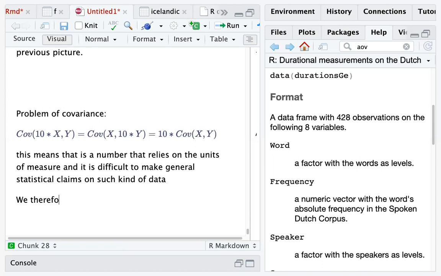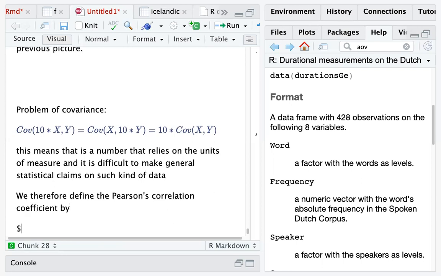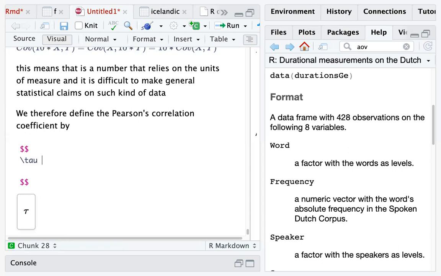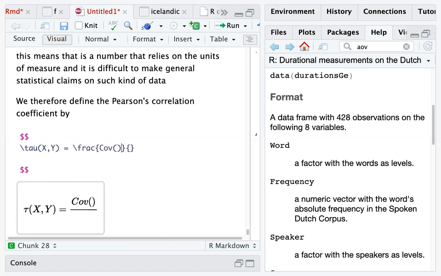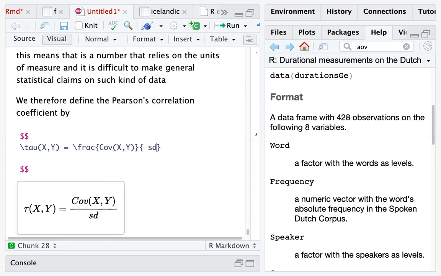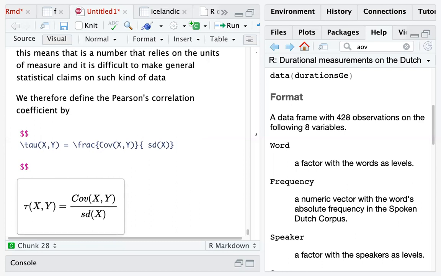The Pearson's correlation coefficient between x and y is equal to the covariance between x and y divided by a normalization, which is the standard deviation of x times the standard deviation of y.